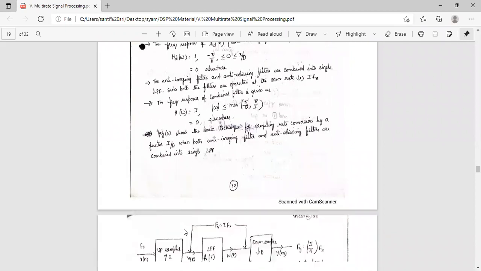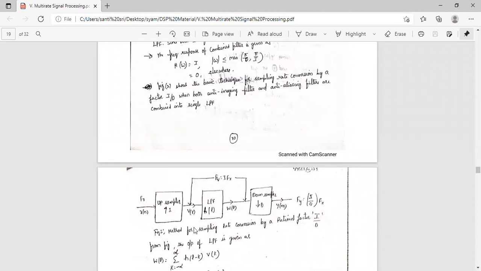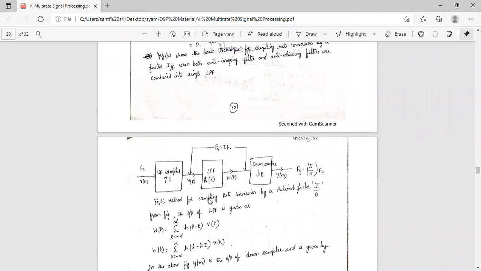Figure 2 shows the basic technique for sampling rate conversion by a factor I by D, when both the anti-imaging and anti-aliasing filters are combined into a single low-pass filter H(l). This is the method for sampling rate conversion by a rational factor I by D.